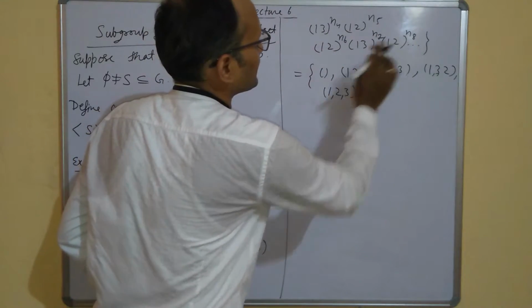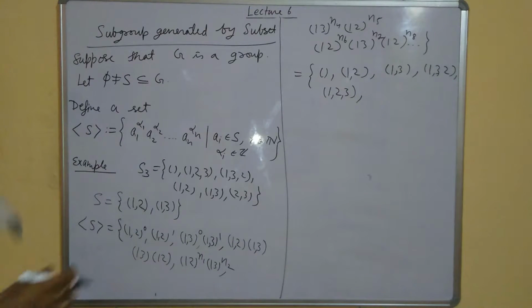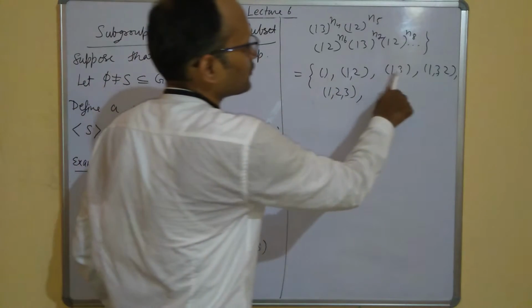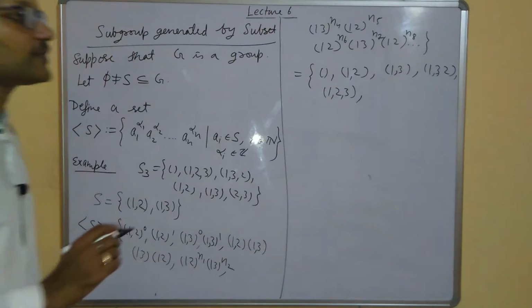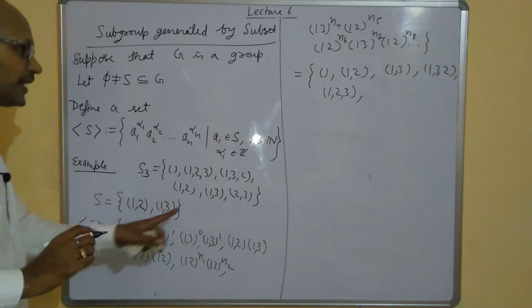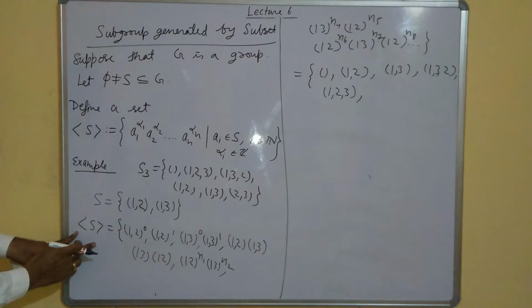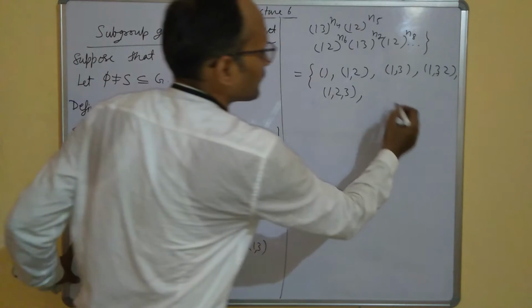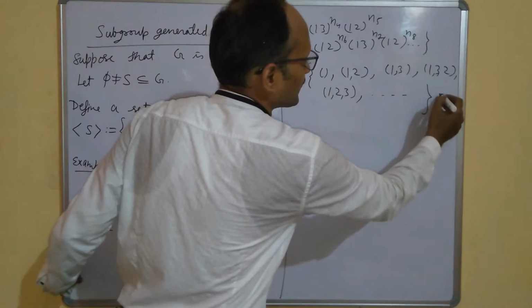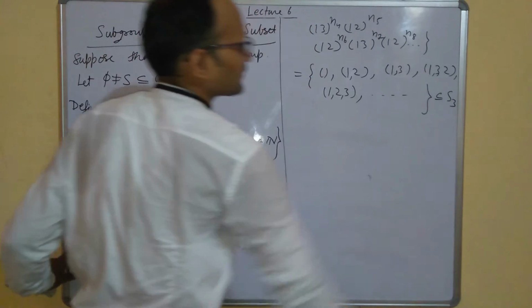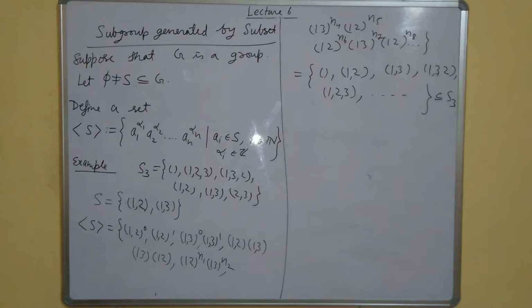But note one thing, that S3 has only 6 elements, and out of that we have found 1, 2, 3, 4, 5 elements. And whatever subsets we are going to create, whatever elements will come here, that is a subset of S3. This will be inside S3.